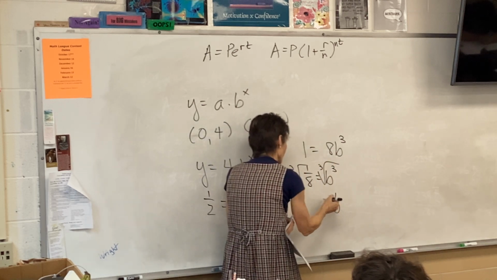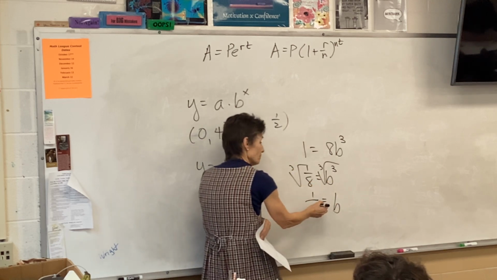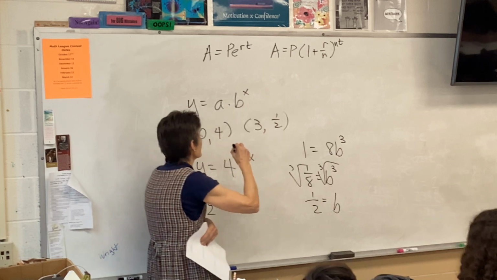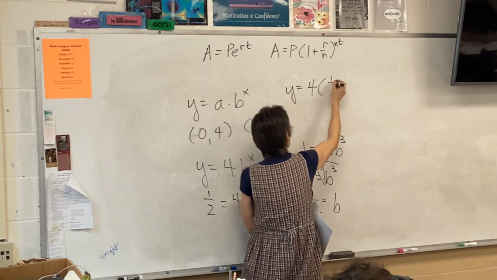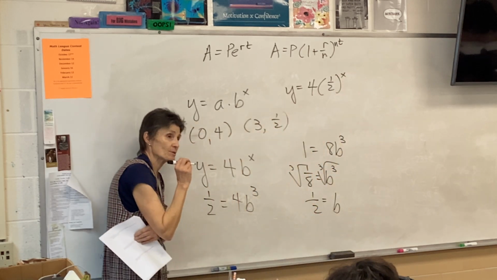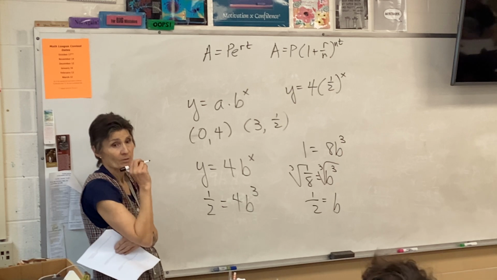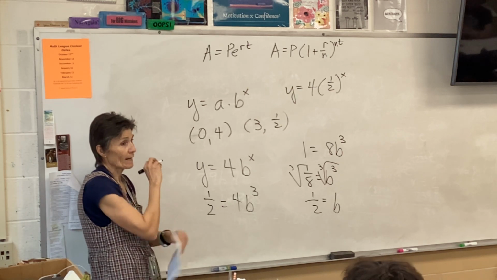What is the cube root of 1 over 8? 1/2. So my answer is y equals 4 times (1/2) to the x. Do not multiply those together. All right, what else?